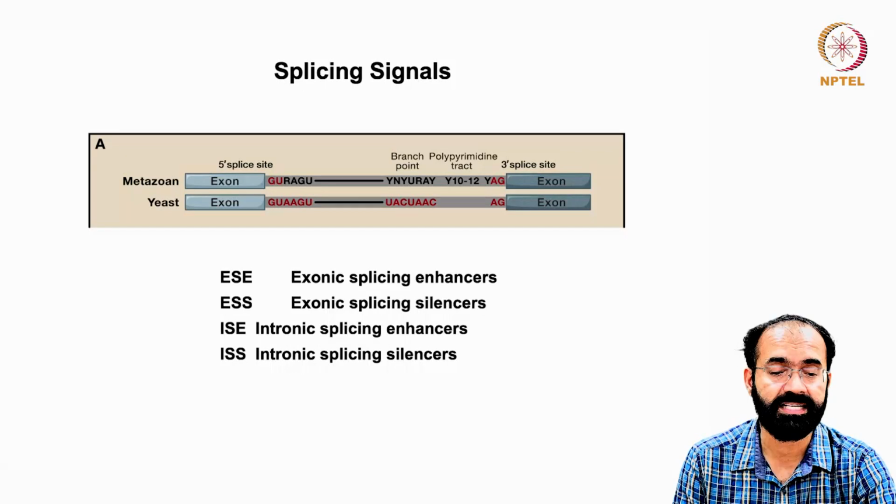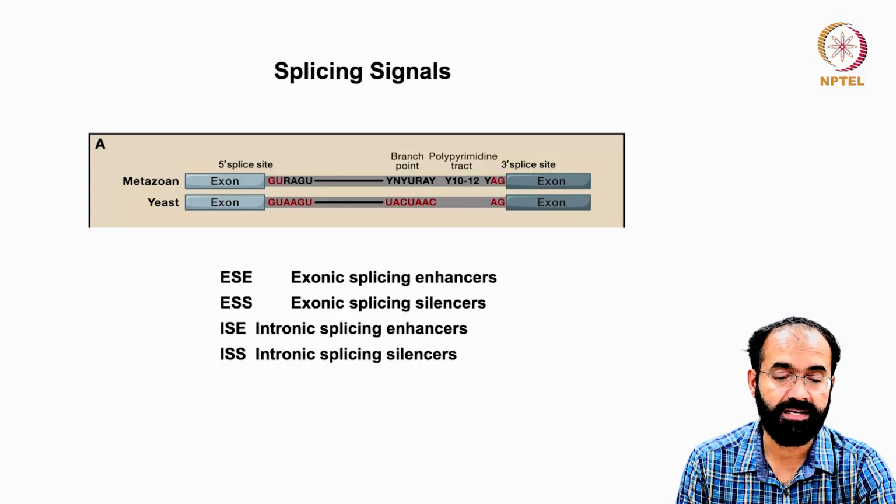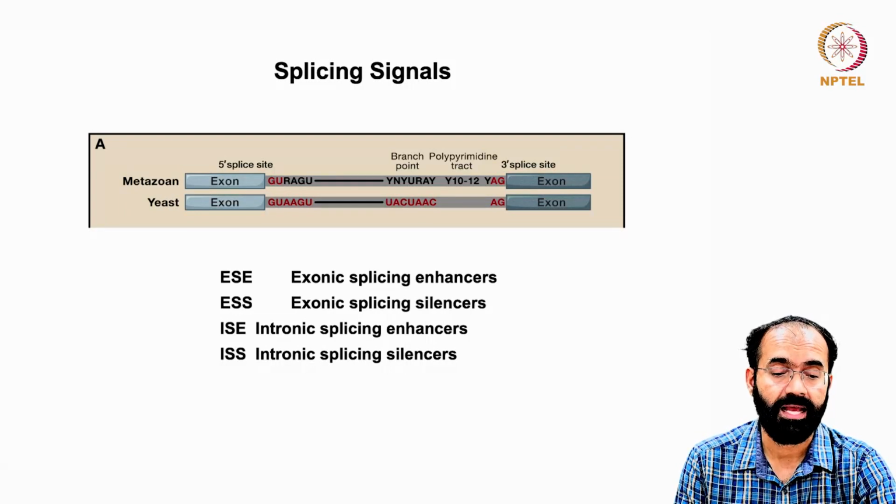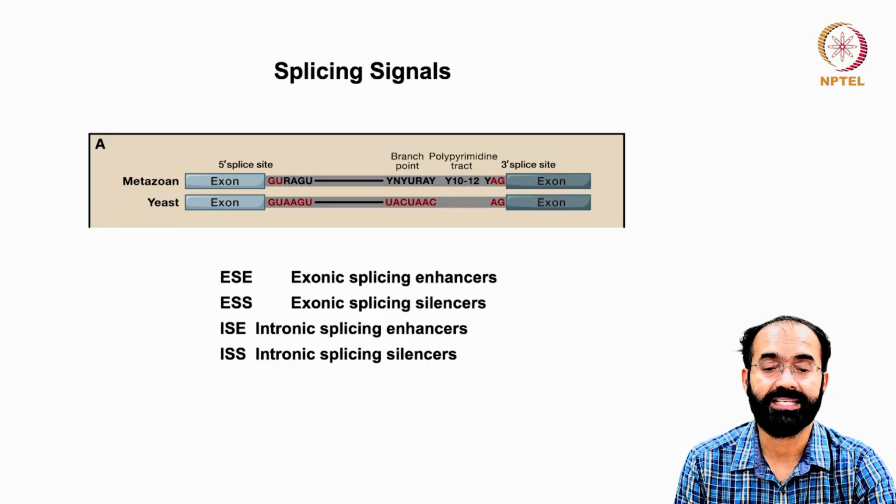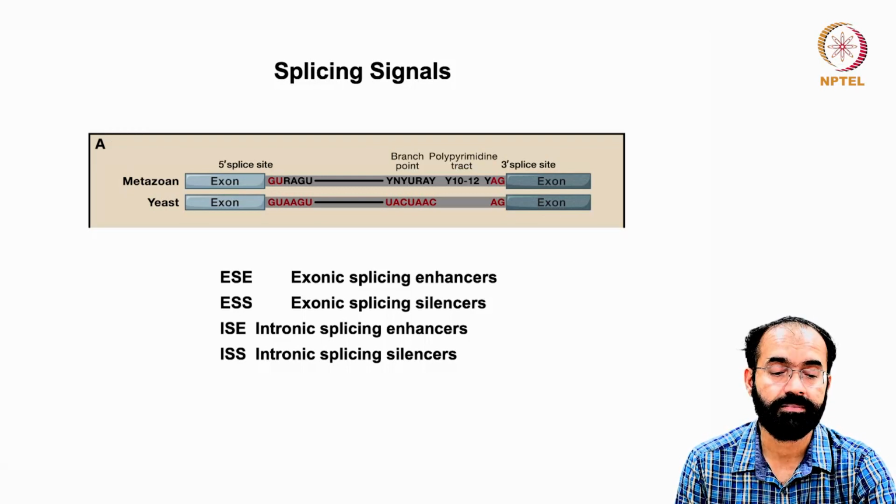And the splicing signals, when you are looking further, can be classified into 4 different categories. The first of them is ESE, Exonic Splicing Enhancers, and ESS, Exonic Splicing Silencers, and ISE, Intronic Splicing Enhancers, and ISS, Intronic Splicing Silencers.